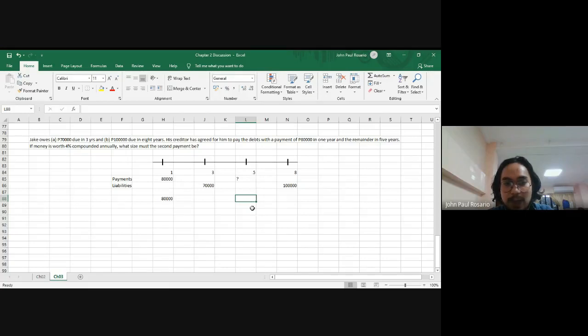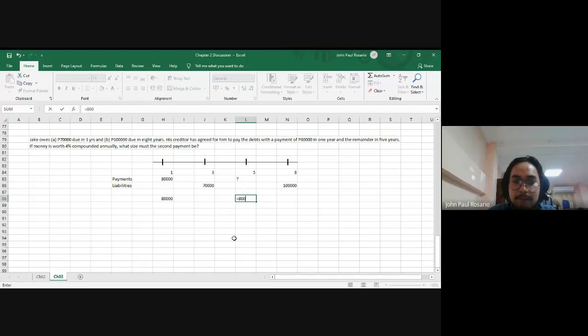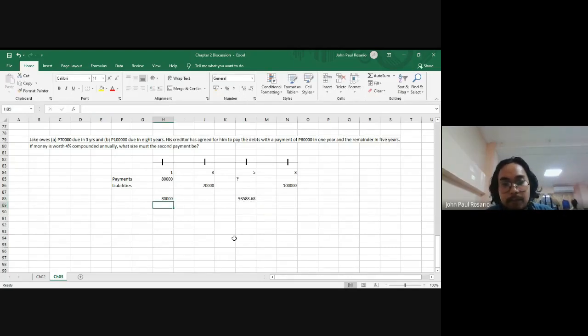So that's 5 minus 1, positive 4, equals 80,000 times 1 plus 0.04 over 1, since it's annual, raised to the power of 1 times 4 years. The 70,000 in equivalent value would be future value.